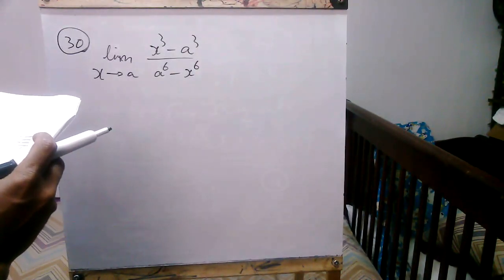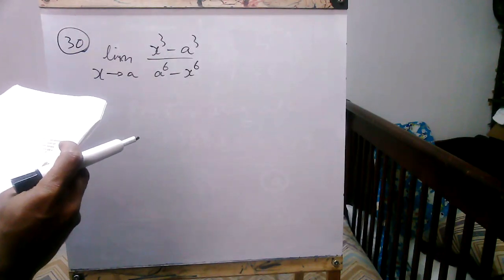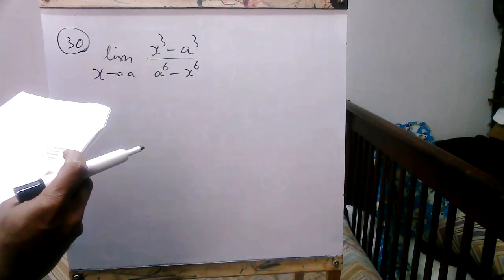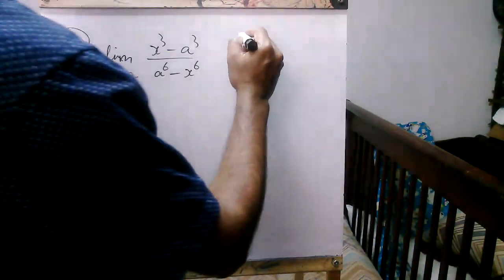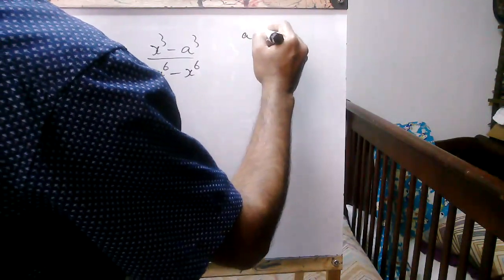Okay, x cube minus a cube divided by a^6 minus x^6. Then it's given a not equal to 0.